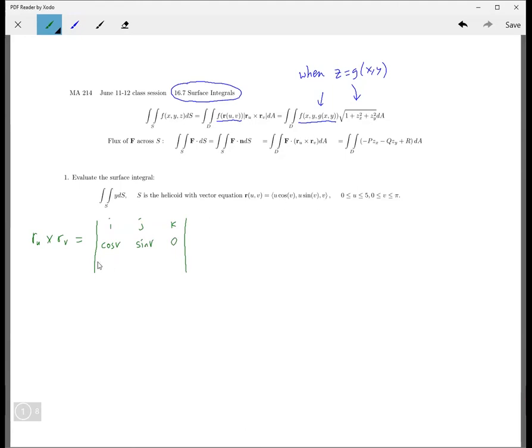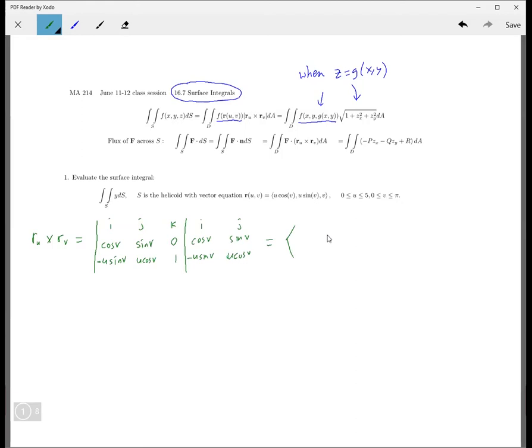Now with respect to v, it's a little bit more complicated. So negative u sine v, and then this one would be u cosine v, and then this would be 1. Okay, I'm going to put it in this notation here.